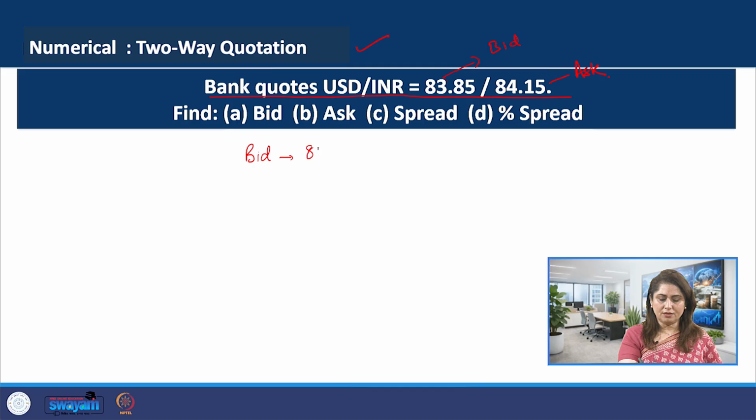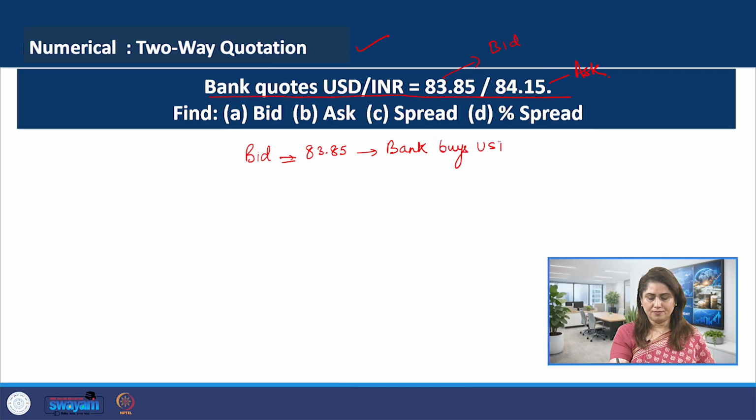Here, 83.85. That means the bank buys USD at 83.85, right? And now we have the ask rate. This ask rate is equal to 84.15. Now what does it signify?